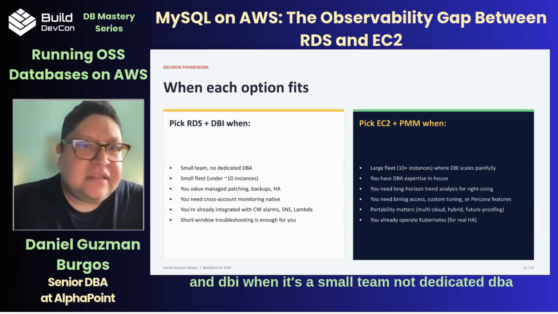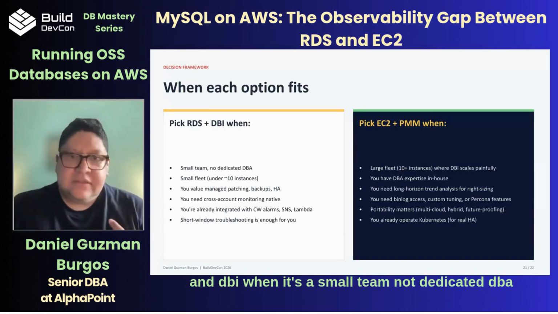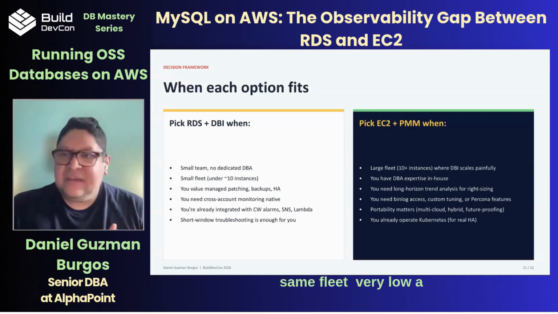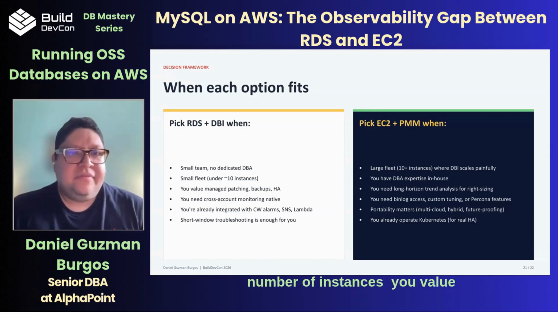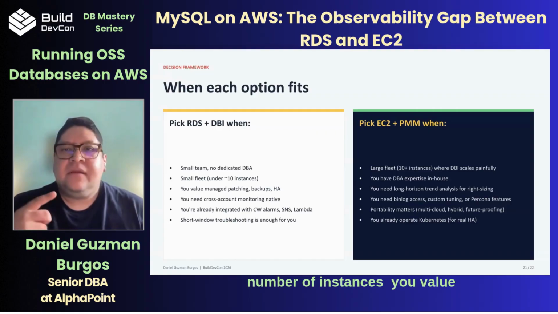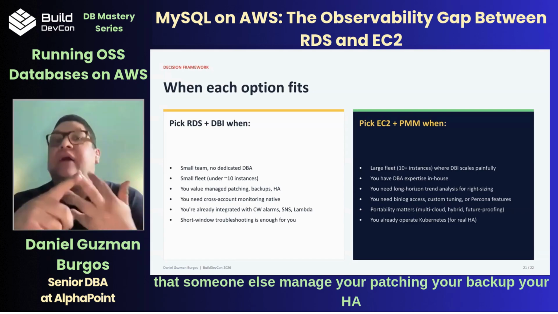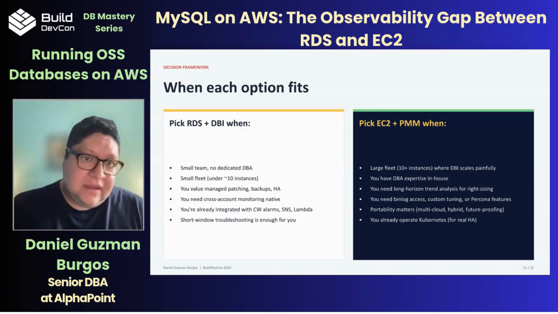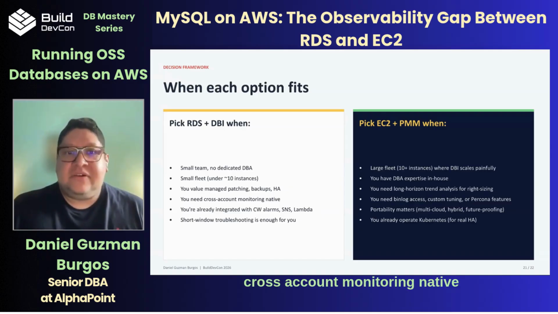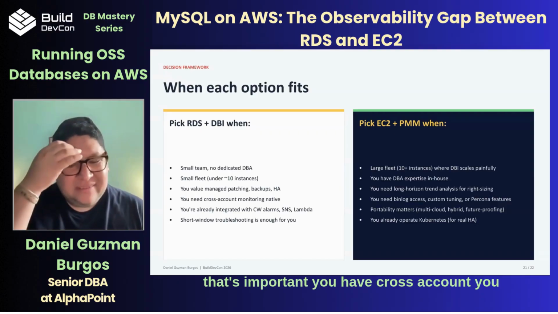So pick RDS and DBI when it's a small team, no dedicated DBA, small fleet, very low number of instances. You value that someone else manages your patching, your backup, your HA. Cross-account monitoring native, that's important.